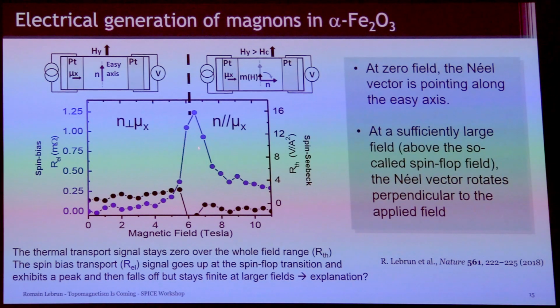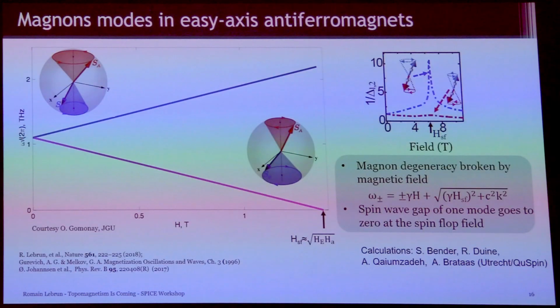Second feature: why is it really maximum at the spin flop field? For that, we need to come back to the definition of the magnon modes. As I was saying, we have two circularly polarized magnon modes, which are non-degenerate at zero applied field. When we apply a field along the z-axis, we will increase the frequency of one mode, and we will decrease the frequency of the second mode. So when we are close to the spin flop field, we have a soft mode.